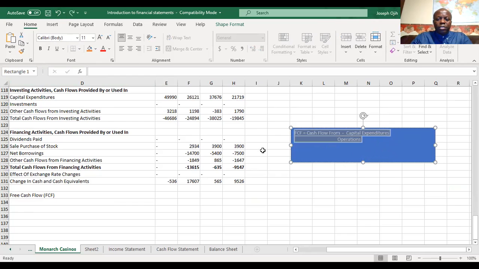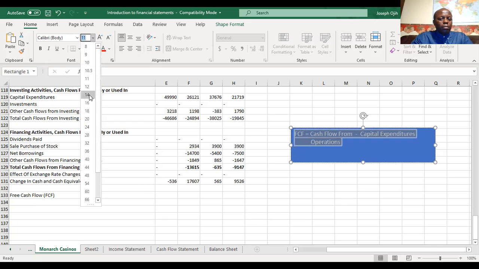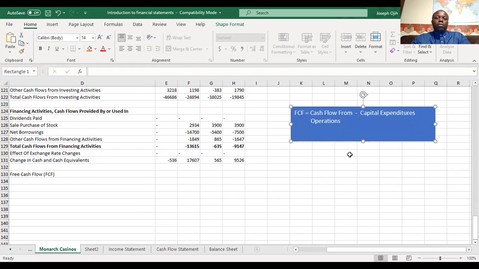Let me arrange this first. Cash flow from operations. Yeah, that's better. Make it 14 probably. That would be better for us. Yep, that's good.